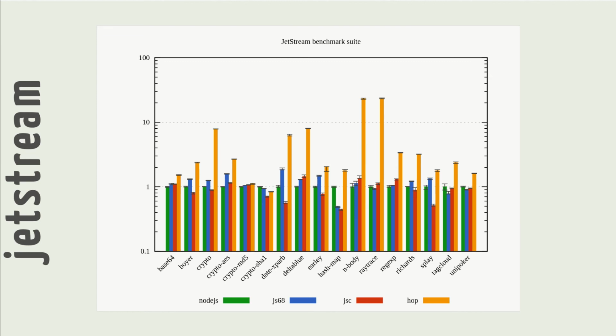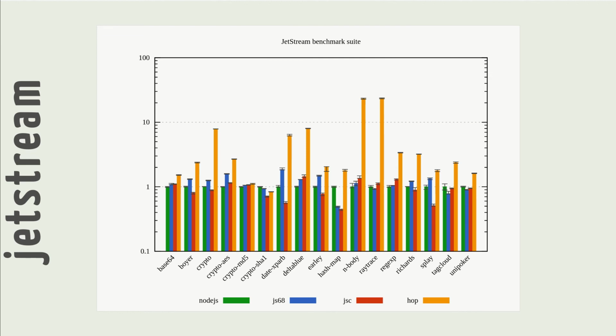This might be regarded as a weak result, but we have to observe that all systems but hop.js have been using JetStream for decades, and as such have spent decades optimizing these very benchmarks. It is then questionable whether these tests are still representative of these systems' performance. For this reason, the major JavaScript implementers have decided to retire JetStream.